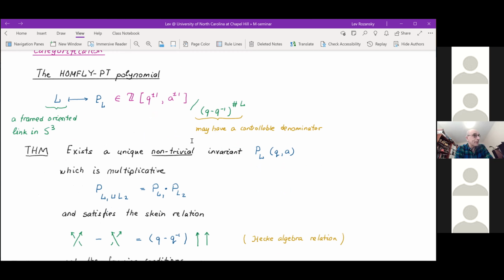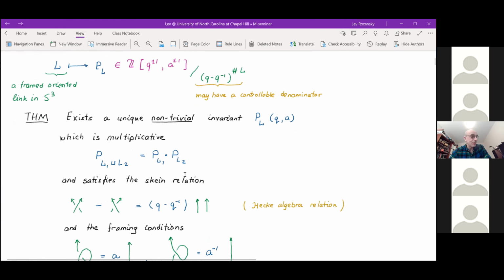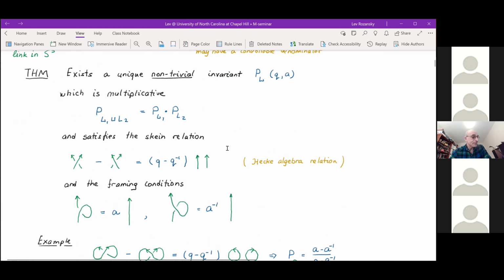maybe 35 years ago, is that there exists a unique non-trivial link invariant, this polynomial, which has the following properties. It's multiplicative. So if you have two links which are totally disjoint, the polynomial will be the product of their individual polynomials.